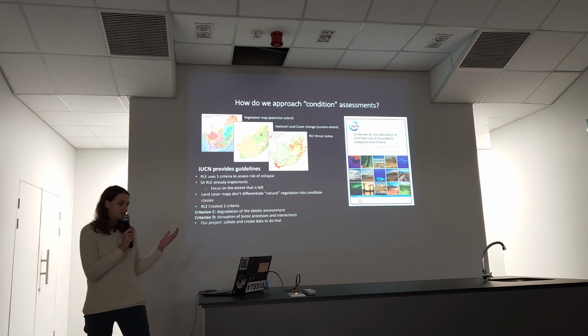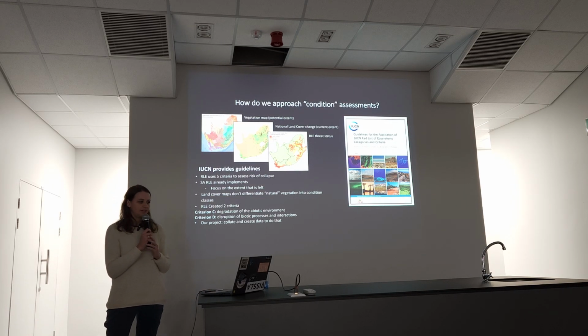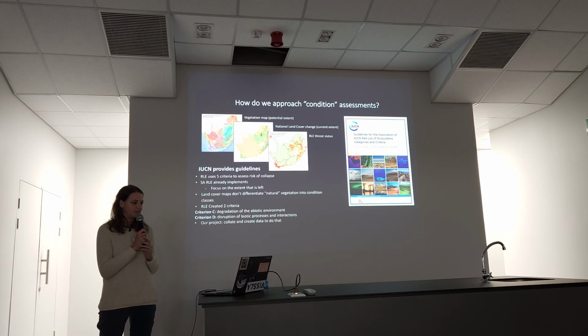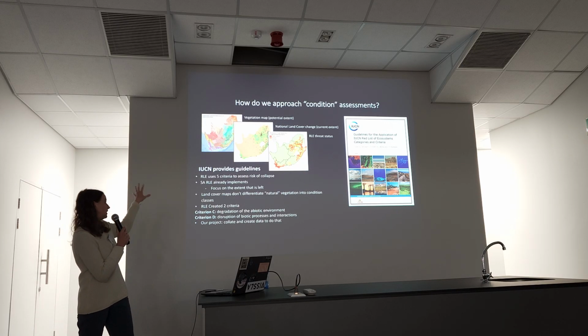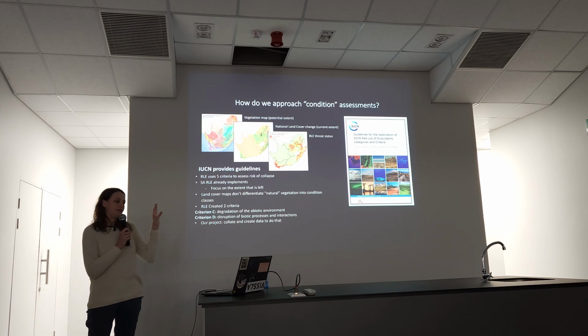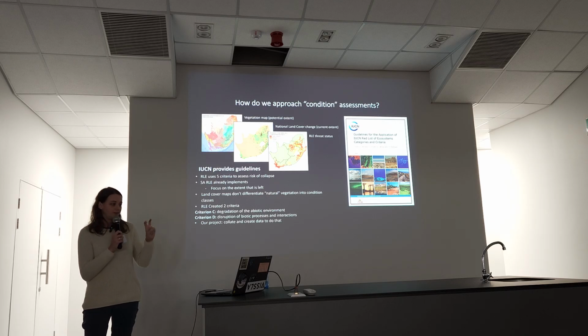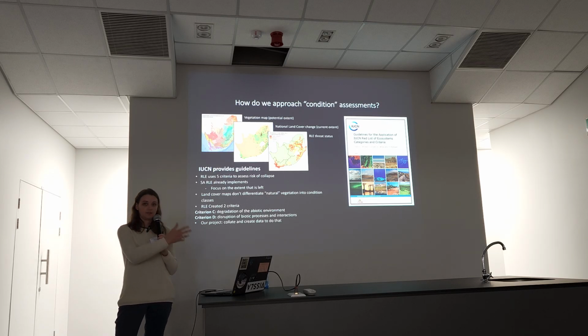So how do we approach these assessments? I think Andrew gave a pretty good background on this, so I don't have to repeat that. But basically what they do is they take the veg map, they have national land cover data sets at different time steps or the current extent, and then you get a threat status with this red list of ecosystems.